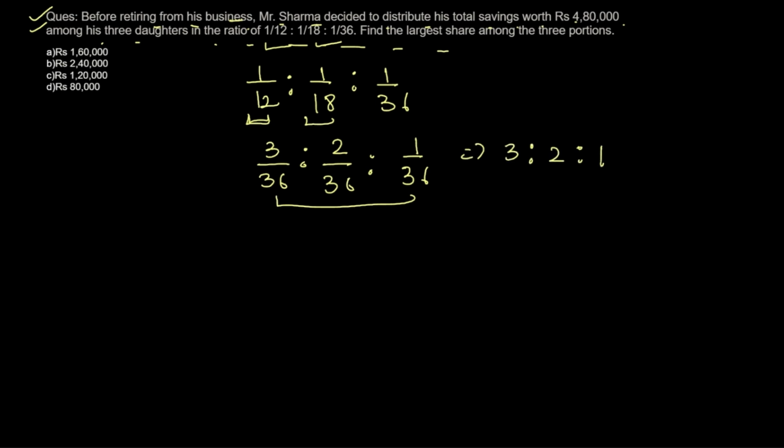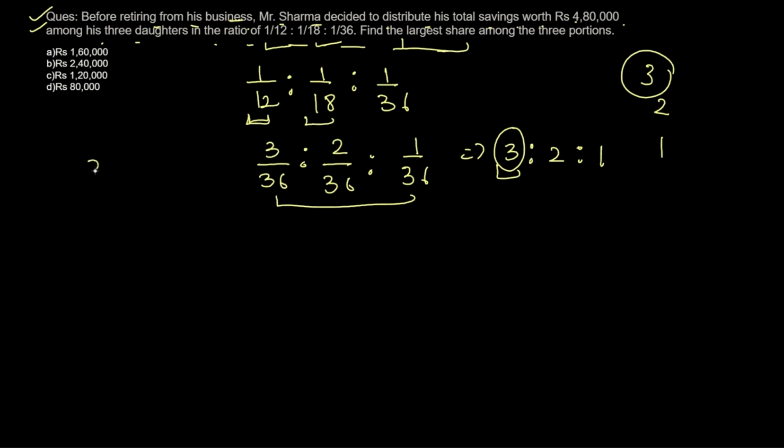Now the question says we have to find out the largest share. Who will hold the largest share? Obviously this one. Assuming one person has three biscuits, one has two, and one has one, the largest share is the one with three biscuits. So this daughter has three parts of the total.